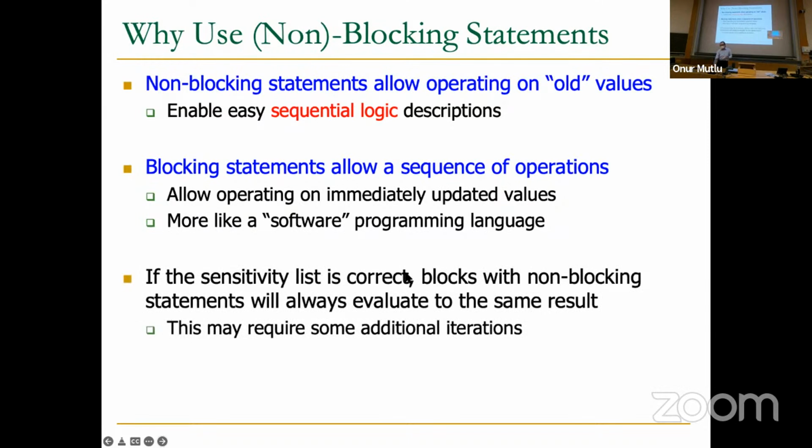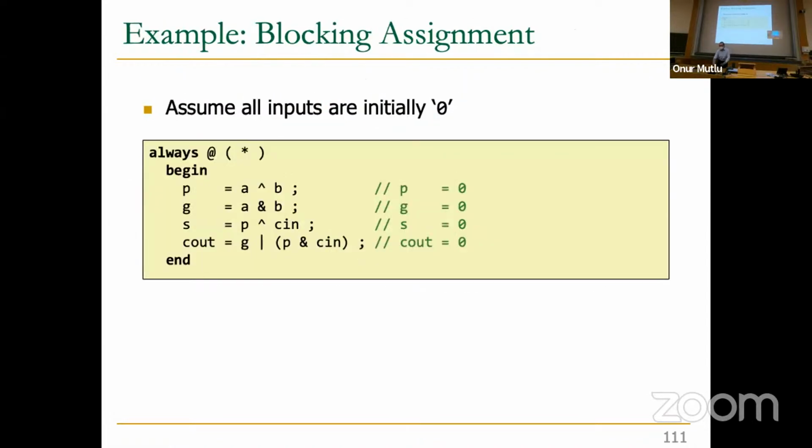And if the sensitivity list is correct, blocks with blocking statements will always evaluate to the same result. You need to think about this a little bit. Let's take a look at a blocking assignment over here. This is actually a full adder with carry and propagate circuit. You can see it's combinational if you study it. Assume that P gets 0, then G gets 0 also.